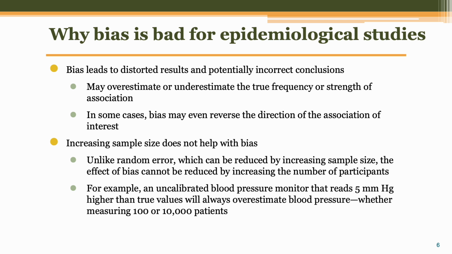Also, unlike random error, which can be reduced by increasing sample size, the effect of bias cannot be reduced by increasing the number of participants. For example, using an uncalibrated blood pressure monitor that reads 5 millimeters of mercury higher than true values will always overestimate the blood pressure, no matter measuring 100 participants or 10,000 participants.